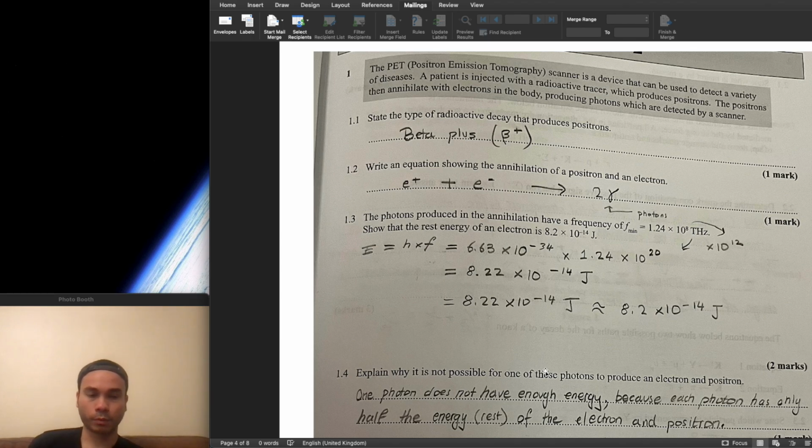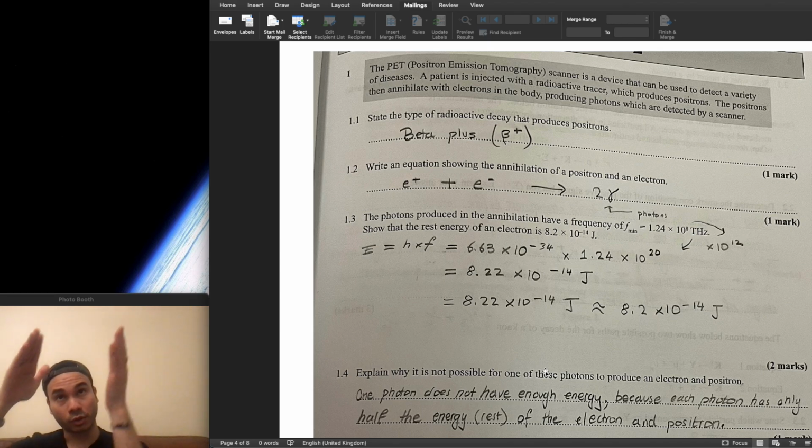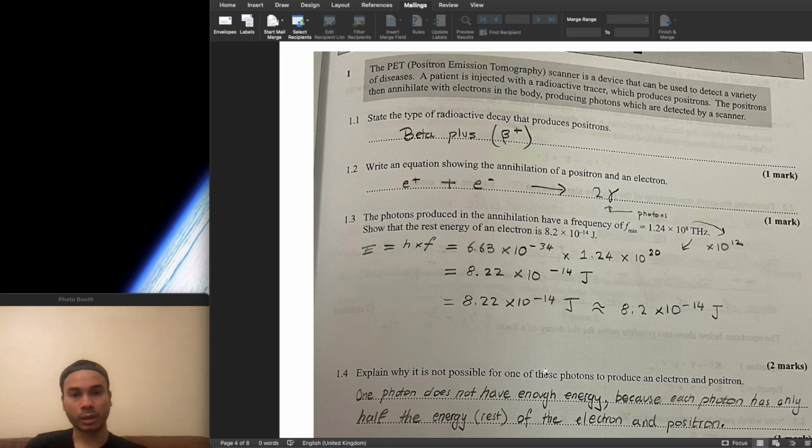The photons produced in the annihilation have a frequency of 1.24 times 10 to the 8 terahertz, which is times 10 to the 12. Show that the rest energy of an electron is 8.2 times 10 to the minus 14 joules. So remember, because we have that relationship 2mc squared equals 2hf, the 2's can cancel out. So we can just work out E equals hf, which is going to be one of the rest energies of the electron.